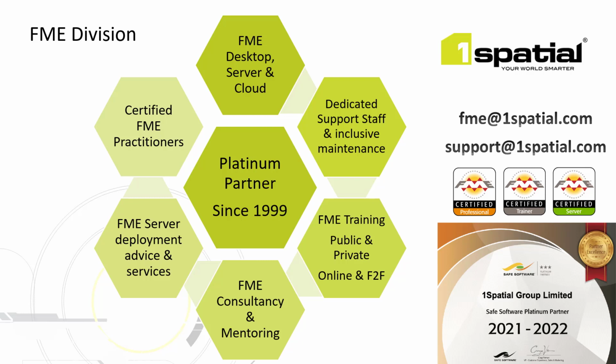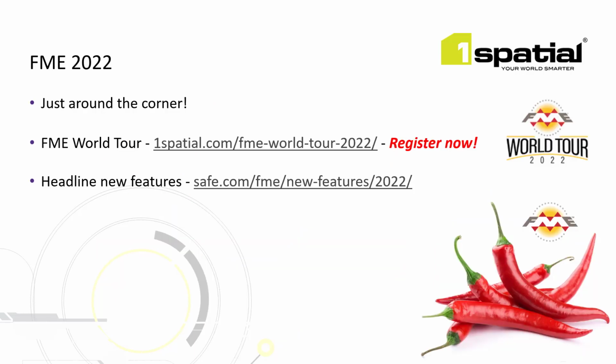As a team, we focus our attention on all of Safe Software's FME platform, and that includes FME Desktop, FME Server, and FME Cloud. Now, getting into the detail, if you haven't already realized it, FME 2022 is just around the corner. And if you're on a current annual maintenance and support package or an active FME subscription, you can fill your boots with the latest FME version, FME 2022.